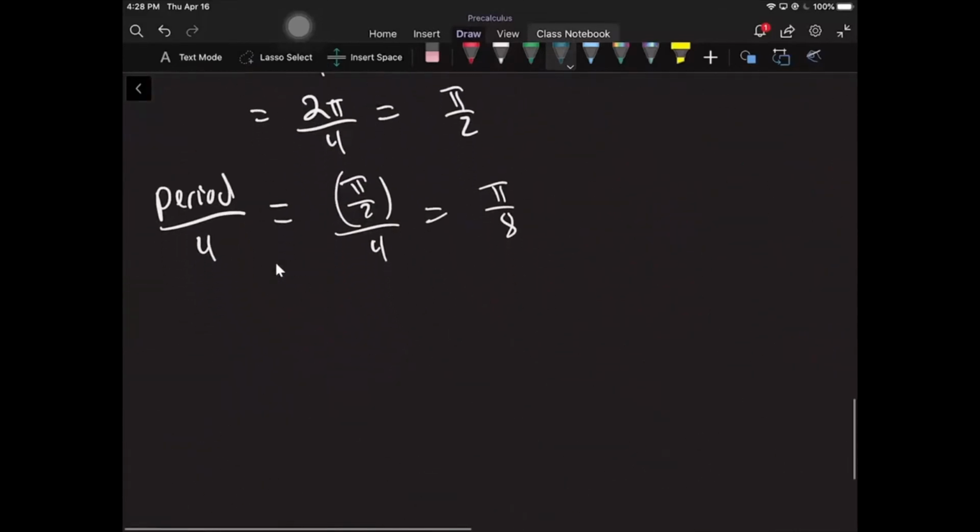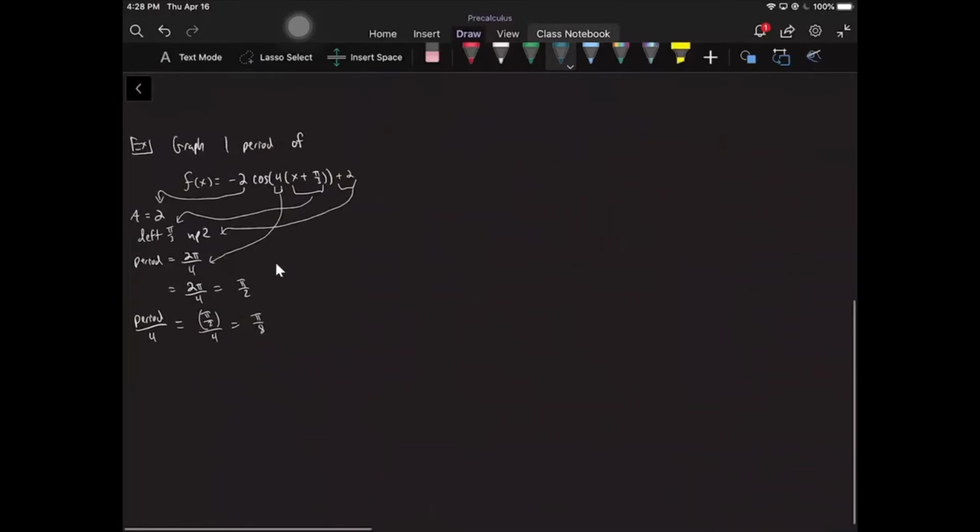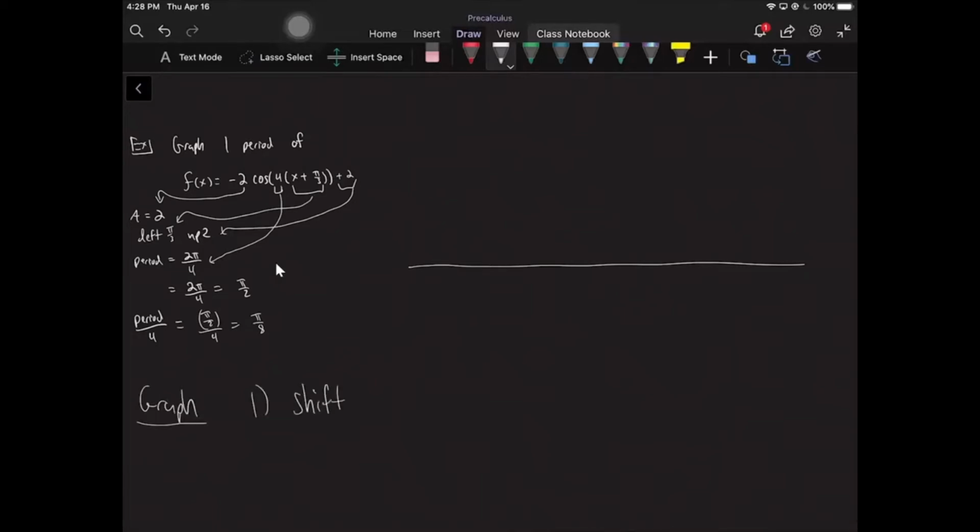And then that's all the information we need, and then we can start graphing. So how do we do that? So remember, last time I said don't draw the y-axis yet. First, we graph the shift. We shift the middle. So what's the middle? The middle is still going to be 0, 0. That's what we're going to move still.